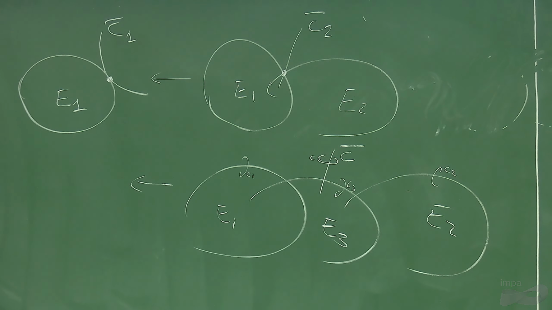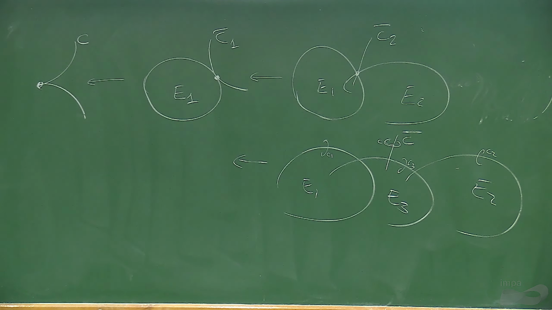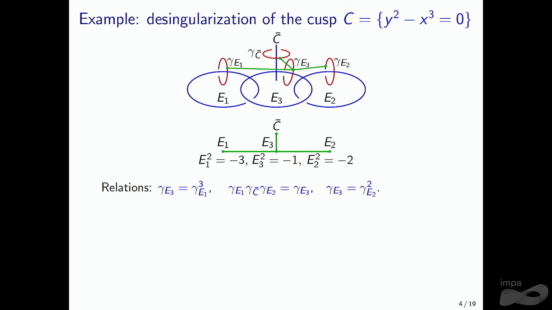And the presentation of the fundamental group in this case is given by all the loops that arrive to E1.